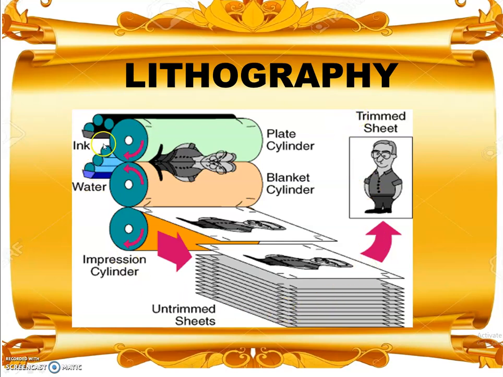You need an ink, and then the water, and then the impression cylinder, then blanket cylinder, the plate cylinder, and of course, your design, which is the trim sheet and the untrimmed sheet for the paper or the sheet that you're going to use to transfer this trim sheet.